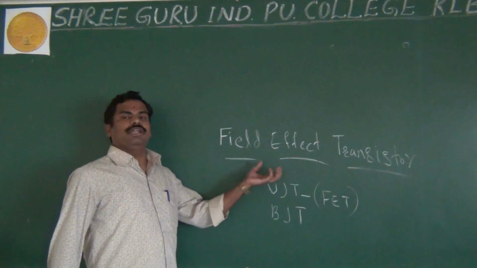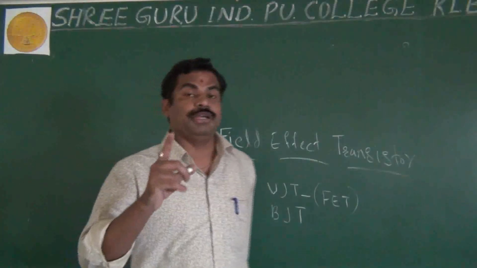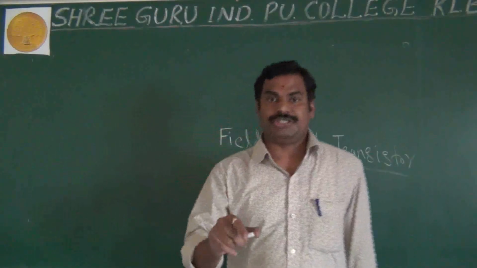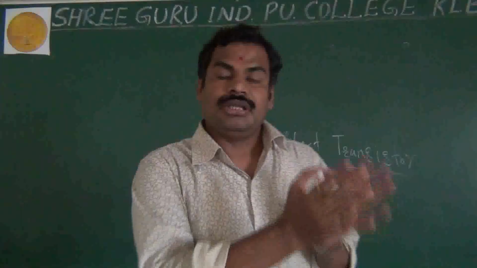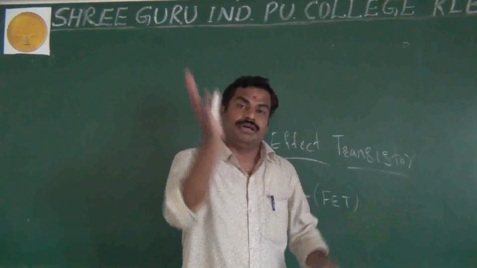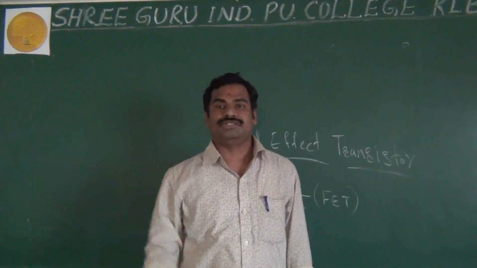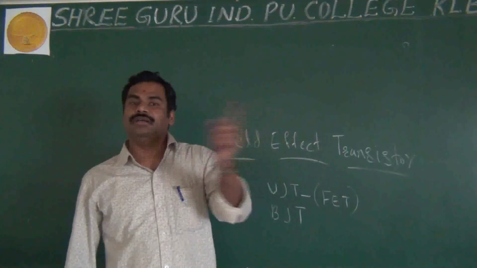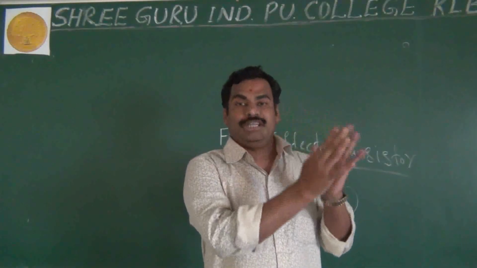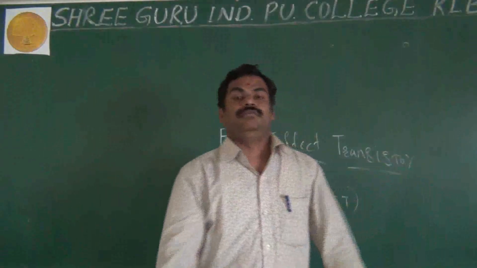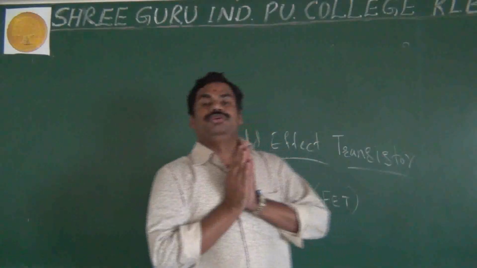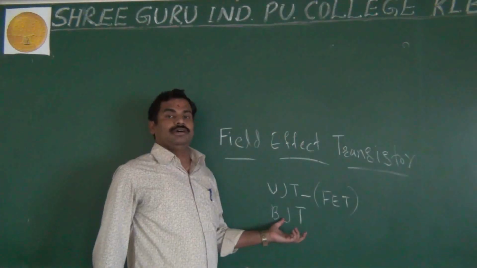It means in your FET, the current conduction takes place because of the majority carriers only. But in your BJT, the current conduction takes place because of both the majority carriers as well as the minority carriers. This is the major difference between your BJT and your FET.